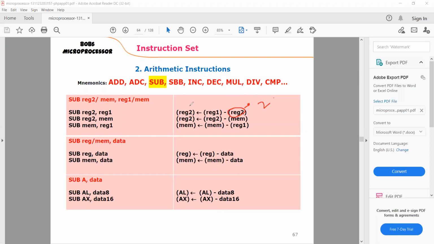Always remember that the result of all arithmetic operations gets stored in the destination operand.